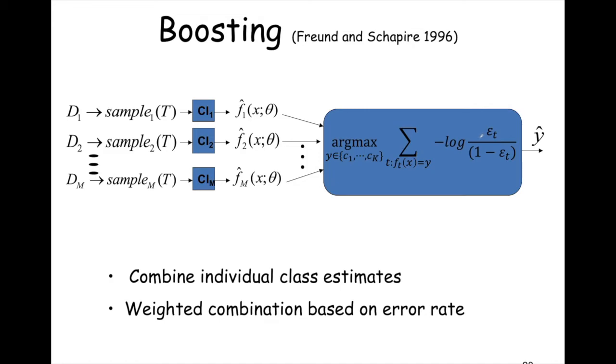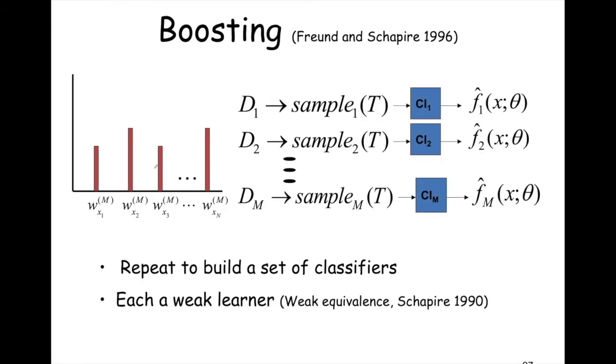And if you think about it, those classifiers that were more correct get a bigger vote than those classifiers that were more incorrect. It also follows that the later you are as a classifier in the boosting sequence, the more difficult instances you had in your replicate sample, because the biases are such that you increase the boosting weights associated with the instances that more classifiers in the sequence got wrong, i.e. the difficult instances.